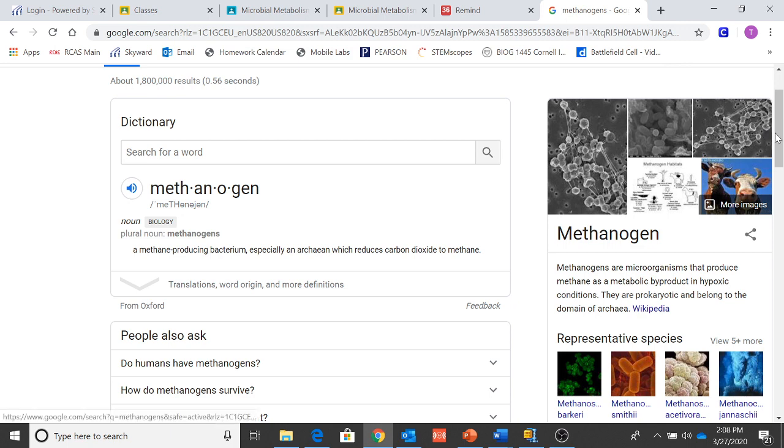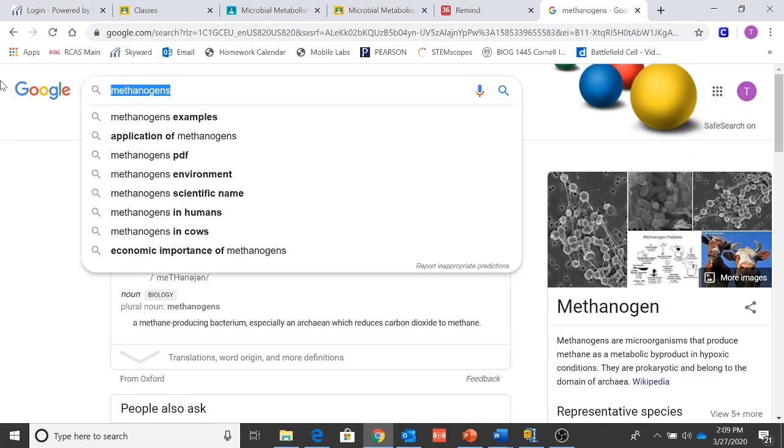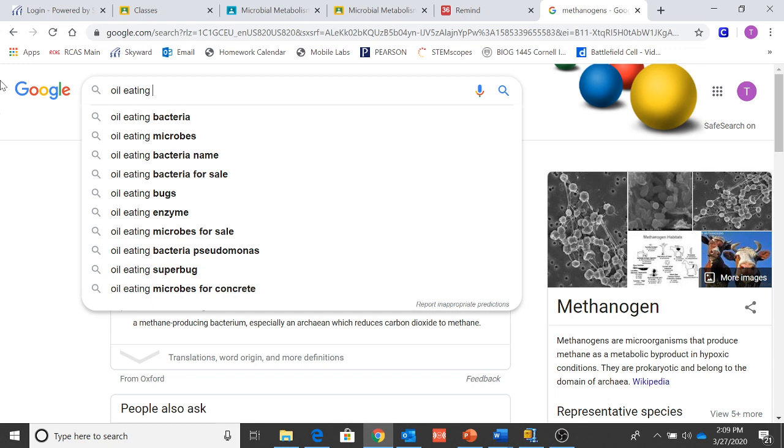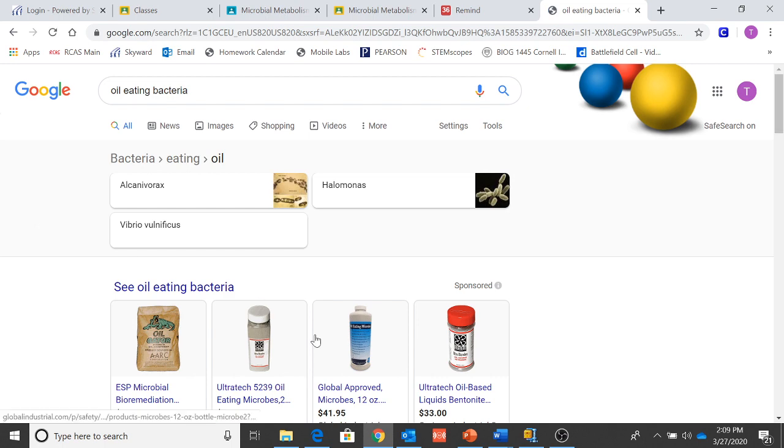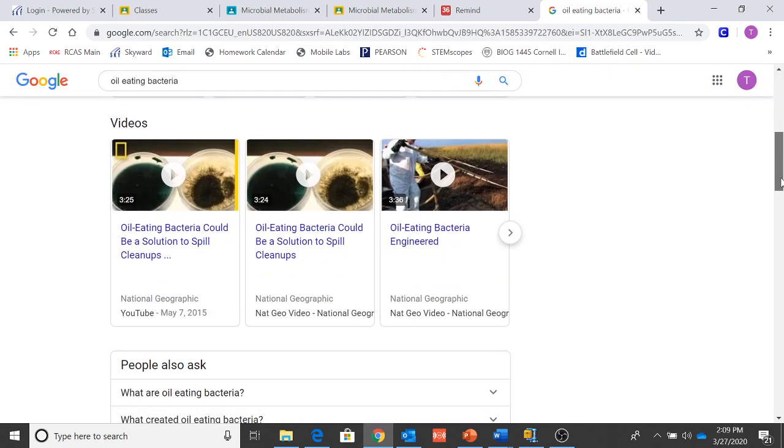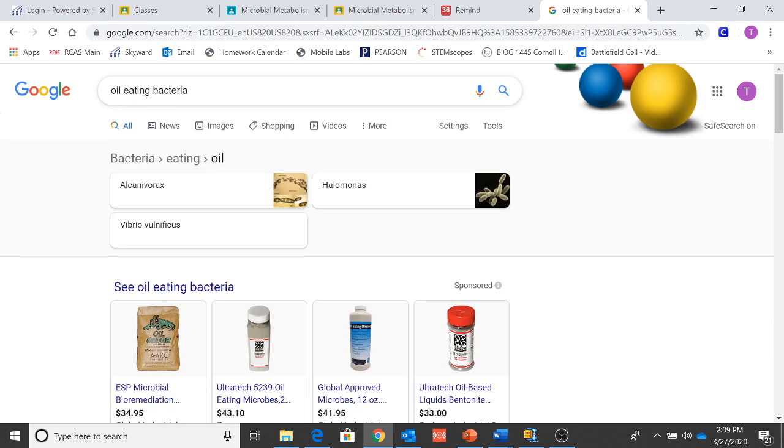If you use the oil-eating bacteria, if you look at oil-eating bacteria, you're at, well, what is that, 12 or 13? If you look at, it says microbes, we're saying bacteria, but it could be anything.